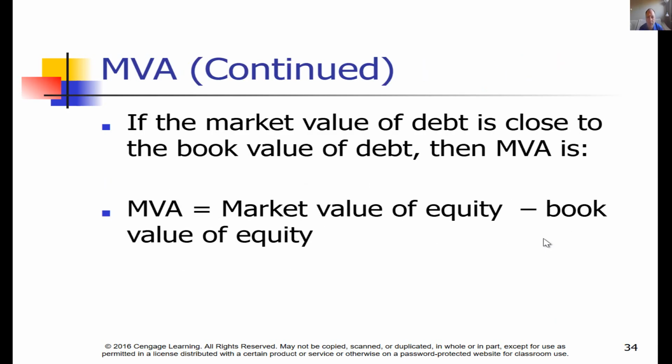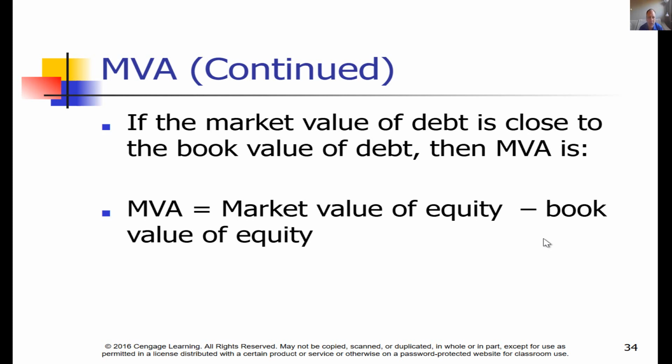If the market value of the debt is close to the book value of the debt, then MVA can be reduced to market value of equity minus book value of equity. This was probably more true in 2014 and 15 than it is today. Right now, since interest rates have gone up drastically, the market value of debt has gone down drastically.